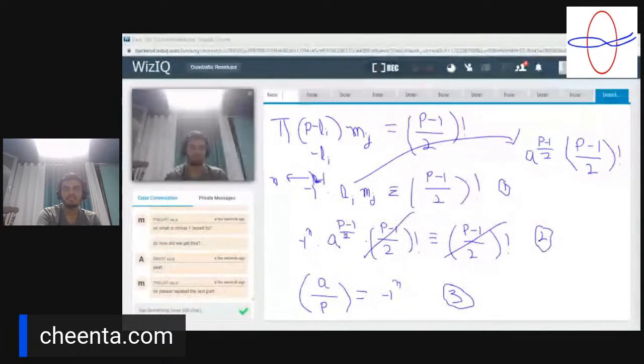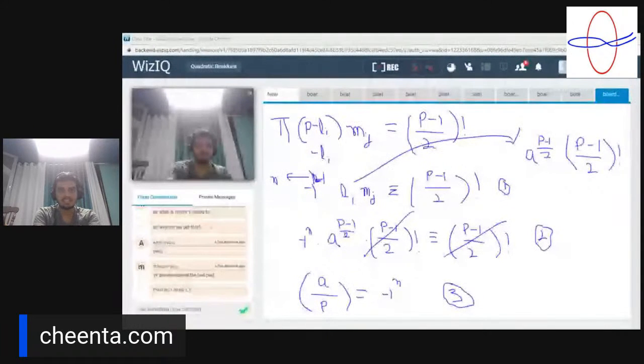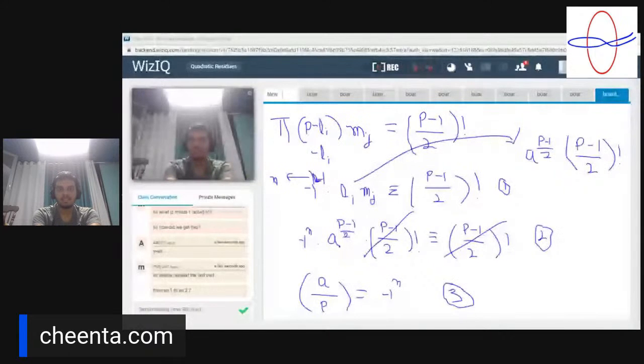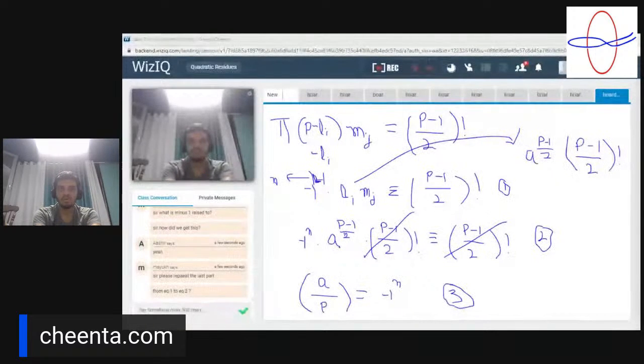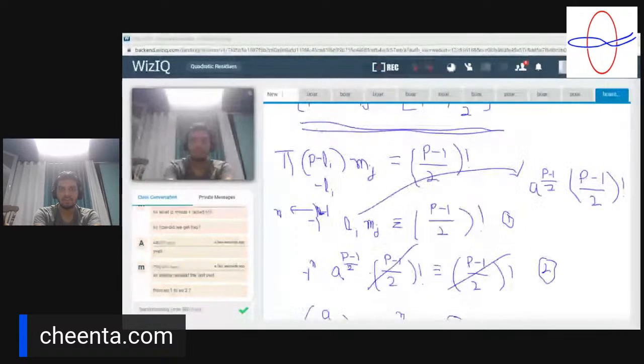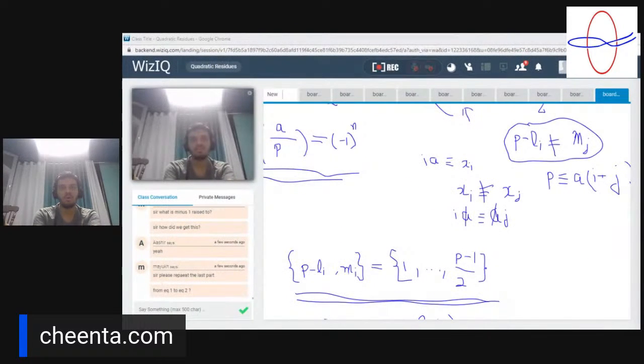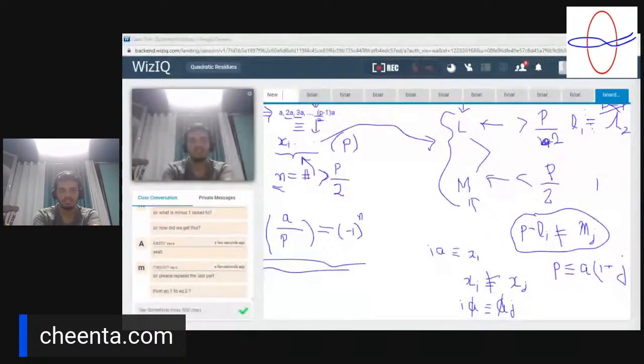From equation 1 to equation 2, this n is just labeling. We have labeled the size of the set L as small n. Then what we did is we just looked at what L's and M's were. So when we multiply all the L's together and all the M's together, it is just congruent to multiplying all of these numbers together, right?